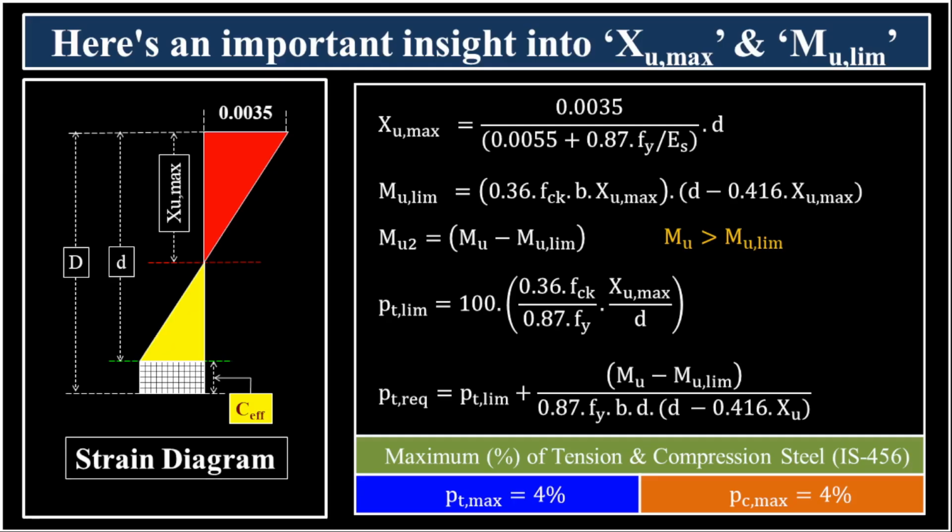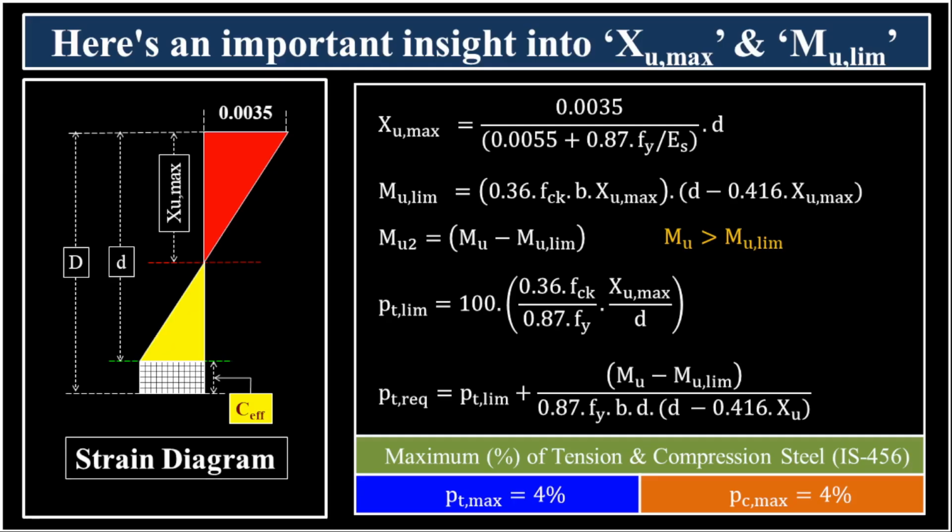also remain constant. Now, if the calculated factored bending moment, Mu, exceeds Mu lim, it indicates that a singly reinforced design is insufficient, and as highlighted here, Mu is greater than Mu lim. In this case, we must proceed to a doubly reinforced design.